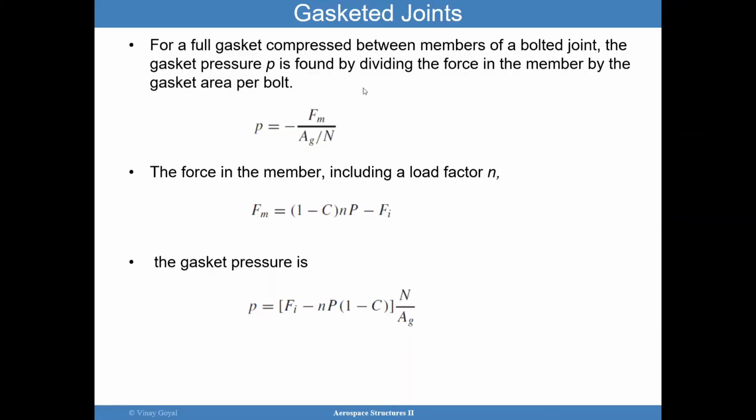I'll now move into gasket joints. Gasket joints also provide a way of sealing. Full gasket joints are compressed between members of a bolted joint, and the gasket pressure P can be found by dividing the force in the member by the gasket area per bolt.